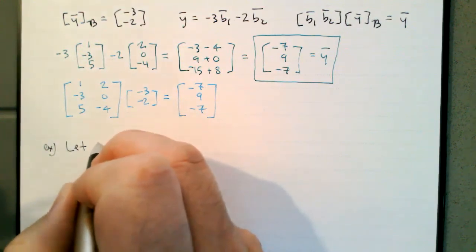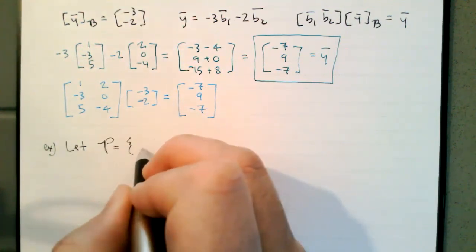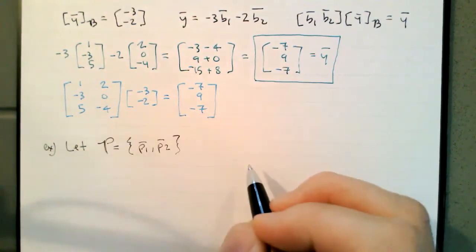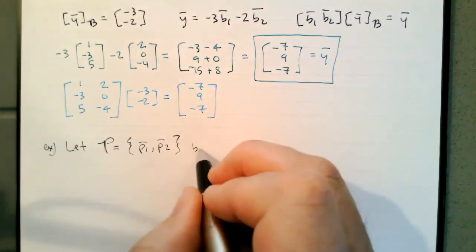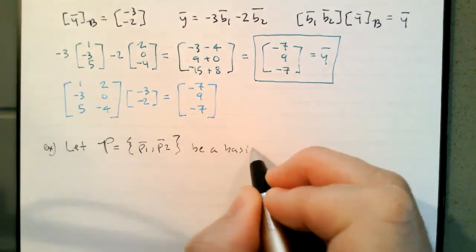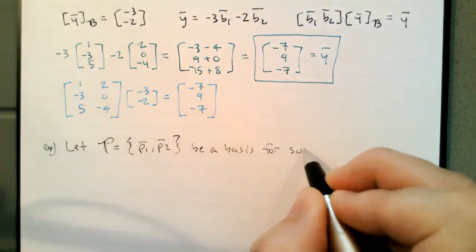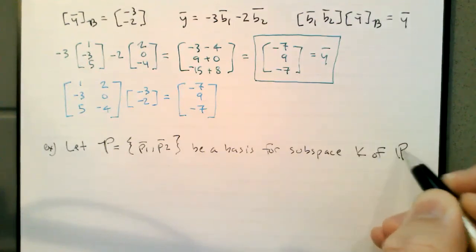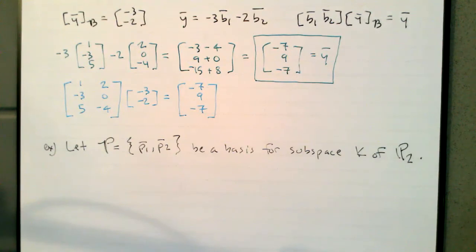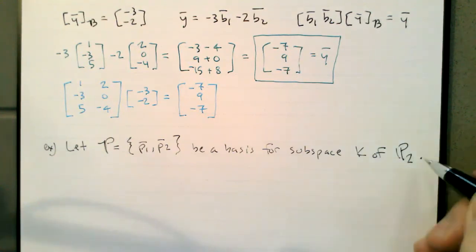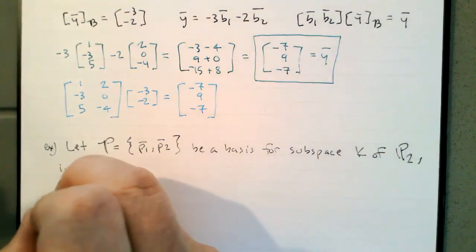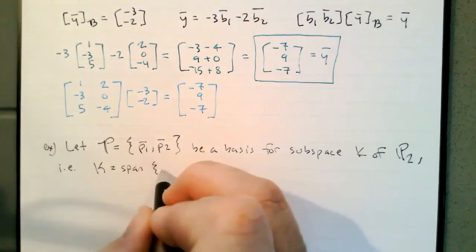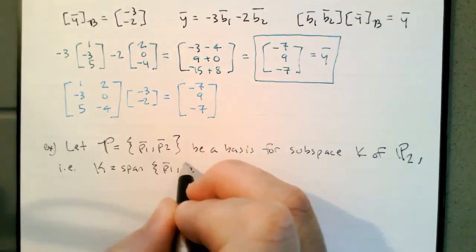I'll call it basis script P. So let's suppose that we have a basis for subspace K of P2. That is, K is the span of P1 and P2.